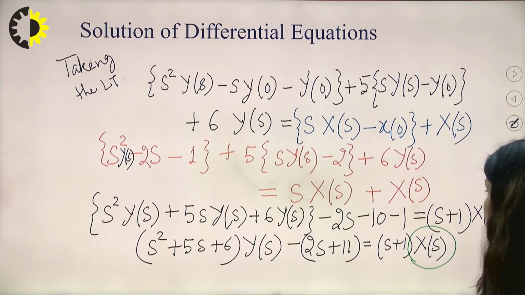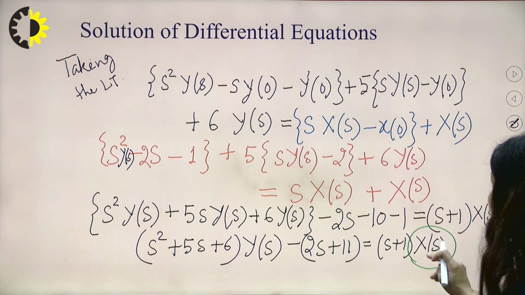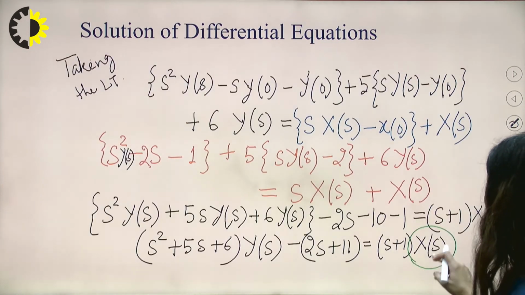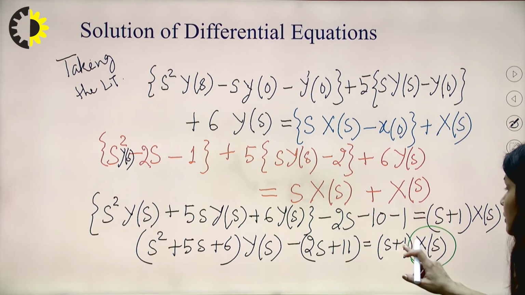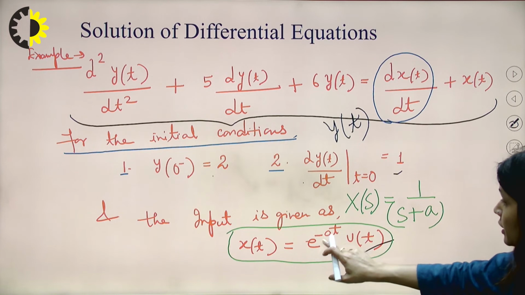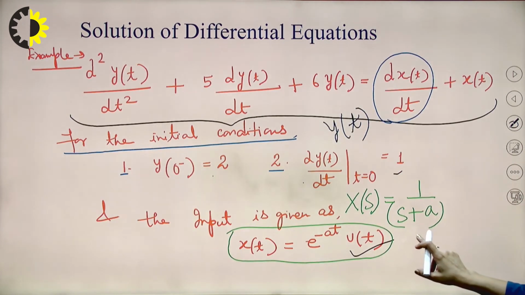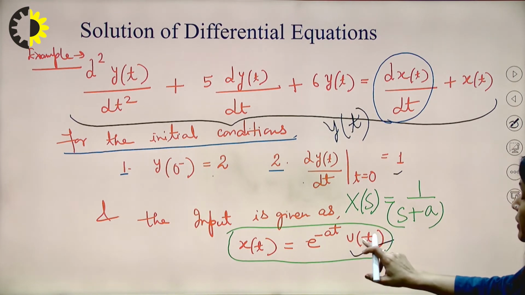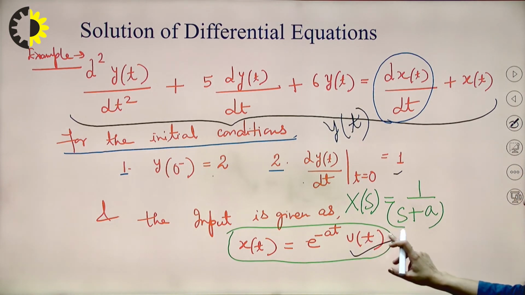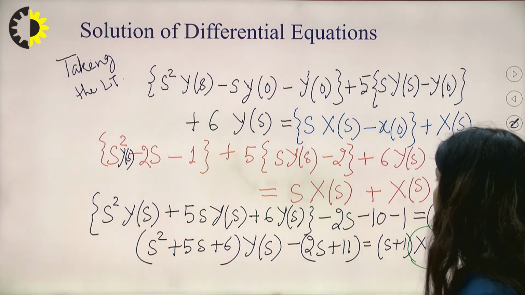Here this X(s) is nothing but the transform of e raised to the power minus a t, and a is given as 1 here. So we write it in the form of s plus a.